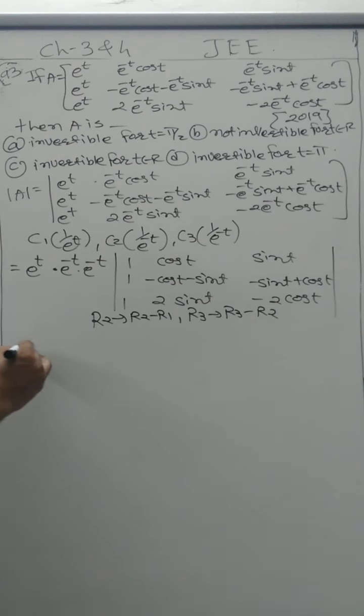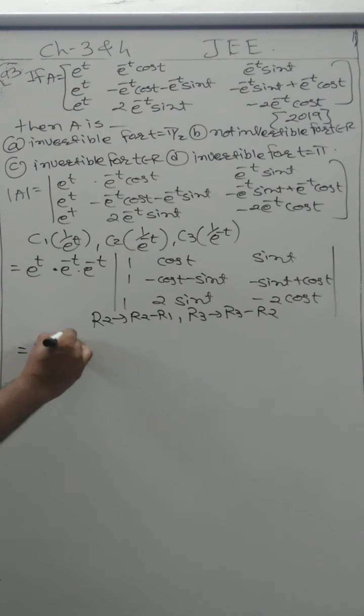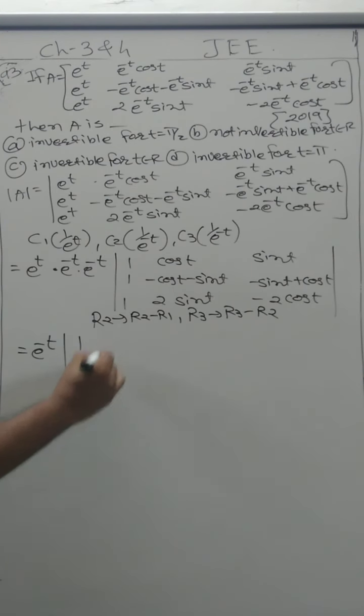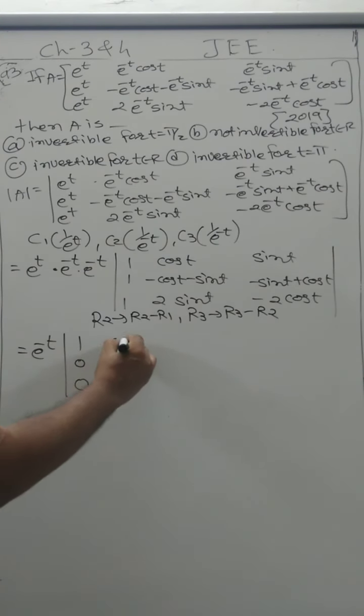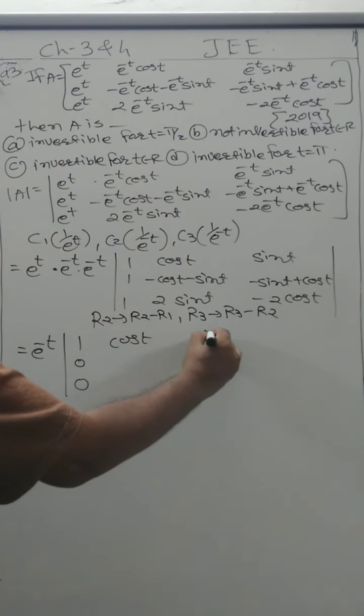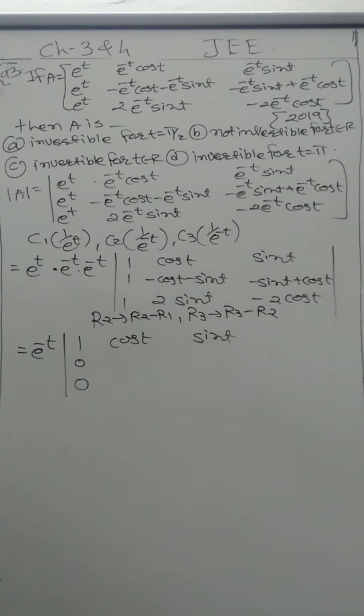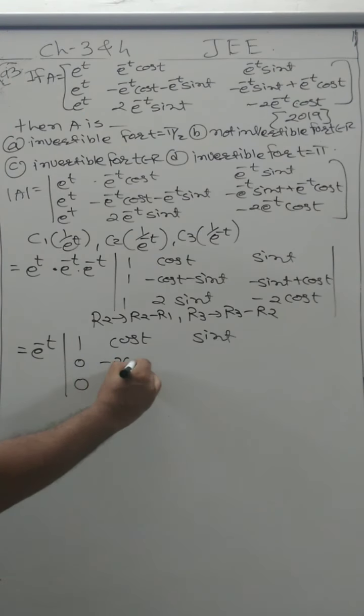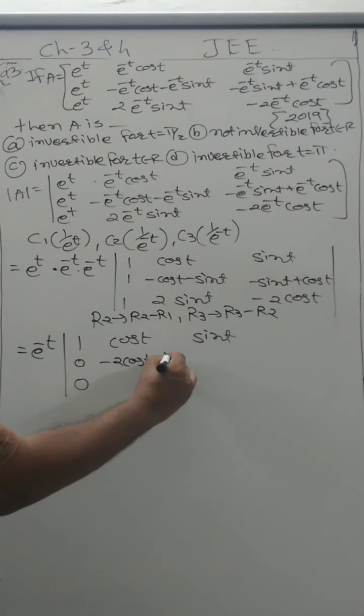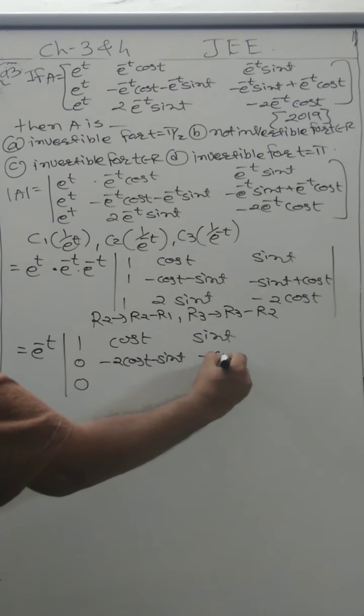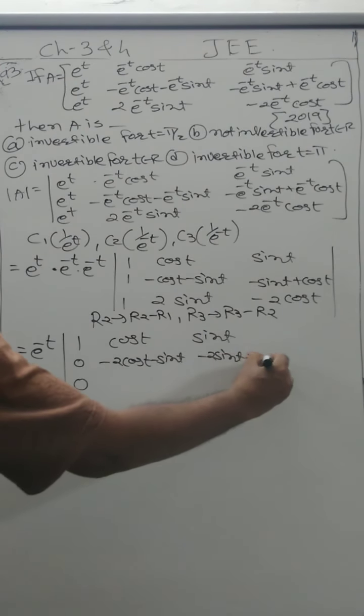So here we have e raised to minus t. Here 1, 0, 0. Then cos t, then minus 2 cos t, minus sin t, then minus 2 sin t plus cos t.